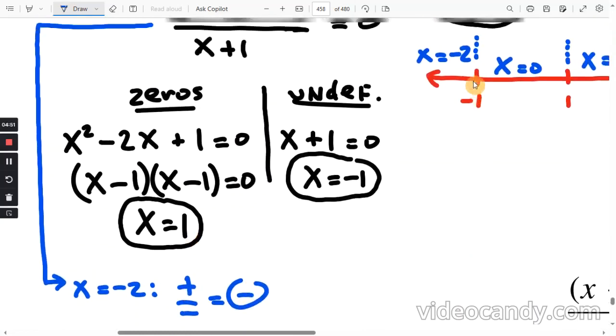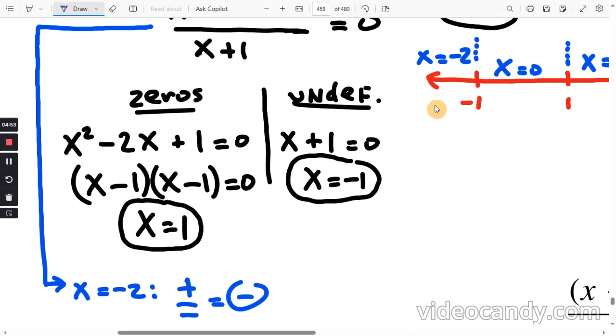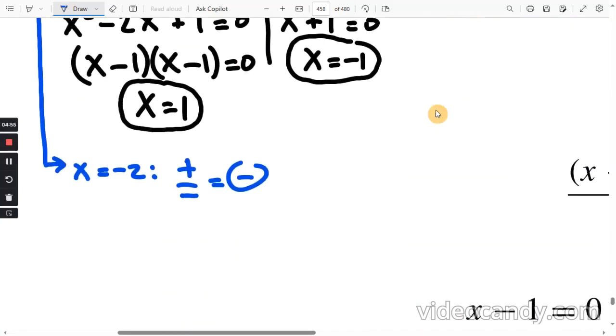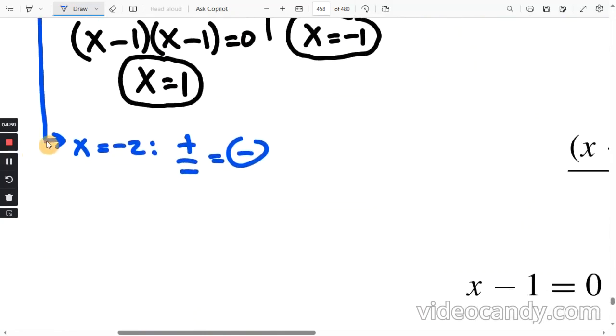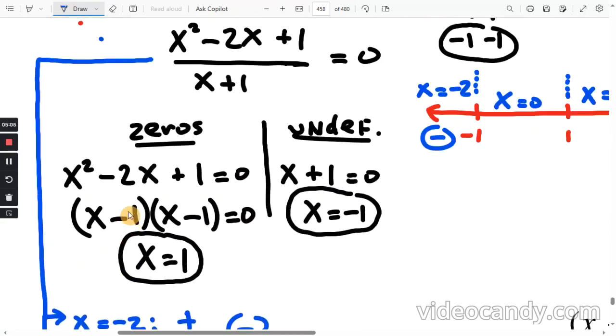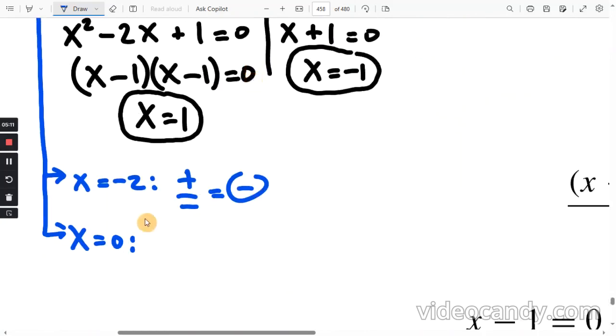So on that section right here, that's a negative. Next up is x equals 0. All right, 0 minus 0 plus 1, positive. 0 plus 1 is positive. We have positive over positive. So that's positive.